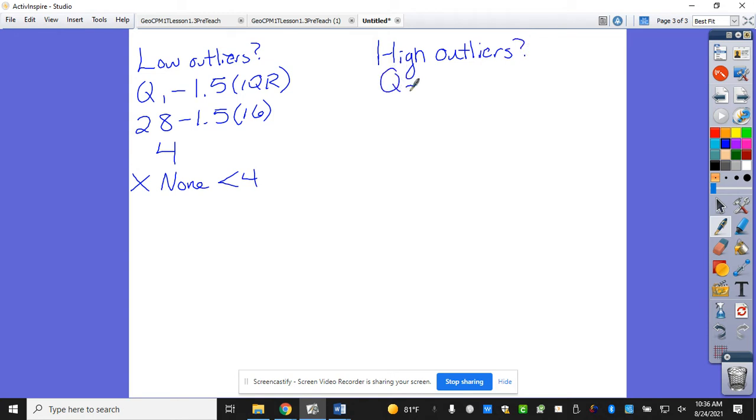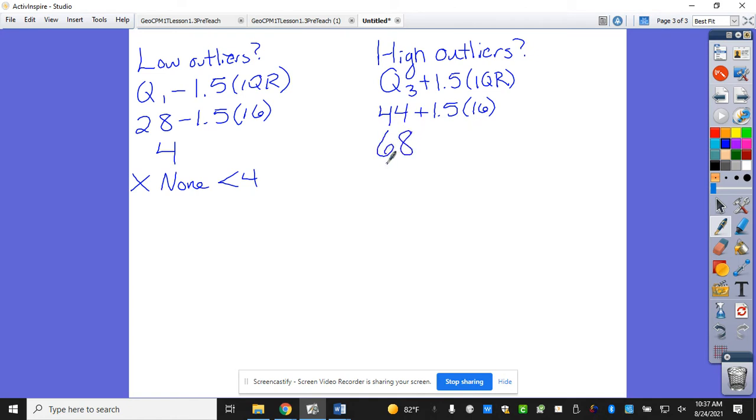So I'm doing basically the same thing, except here it's starting with Q3 and it's what in between? So my Q3 was what? 44. So 44 plus 24 gives me?